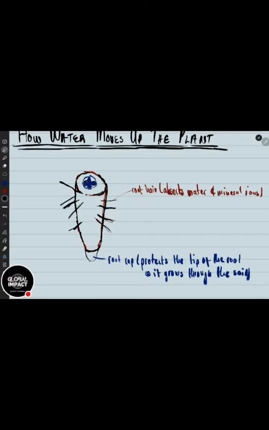So there we go. And here I want you to say this is the xylem vessel. What it does is it transports water, it doesn't absorb it.